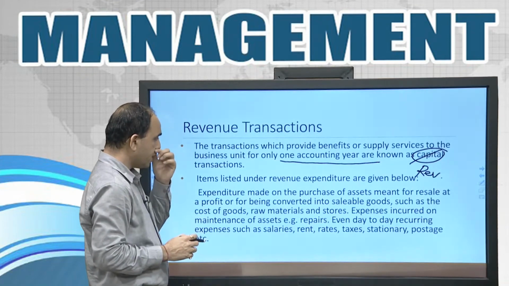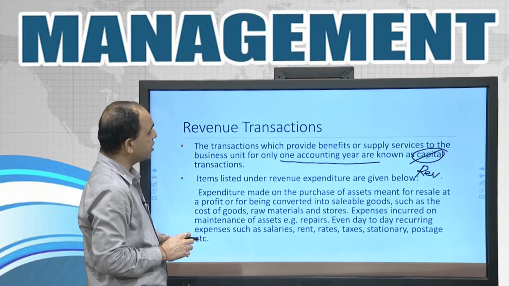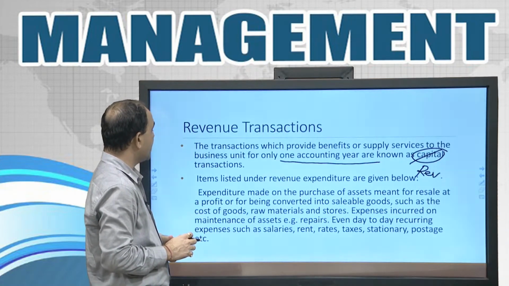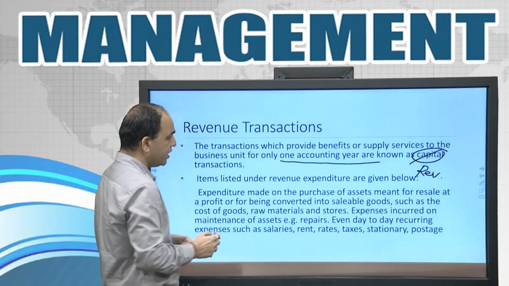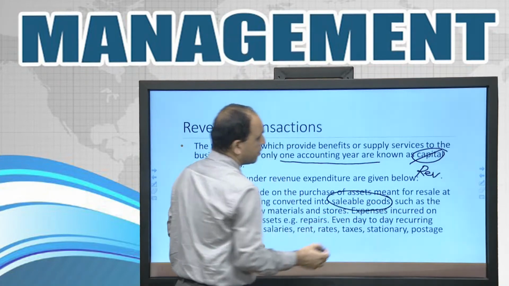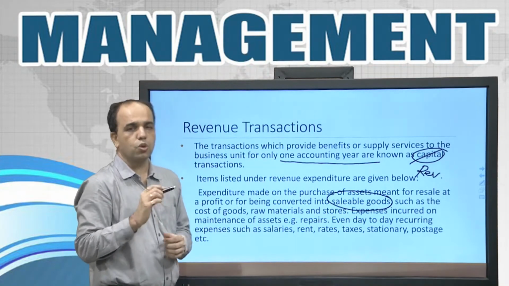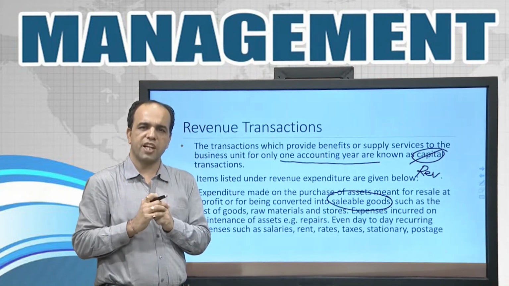Items listed under revenue expenditure are given below. Expenditure made on the purchase of assets meant for resale at a profit, for being converted into sellable goods. See friends, we know that assets are capital expenditure, but if we have purchased goods, right? Furniture in general is a capital expenditure.